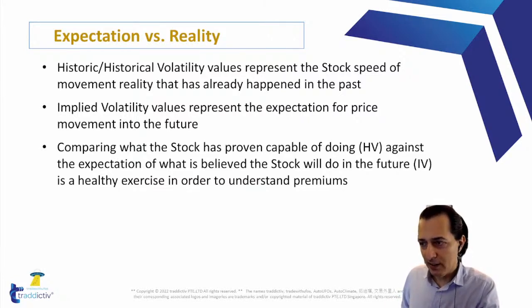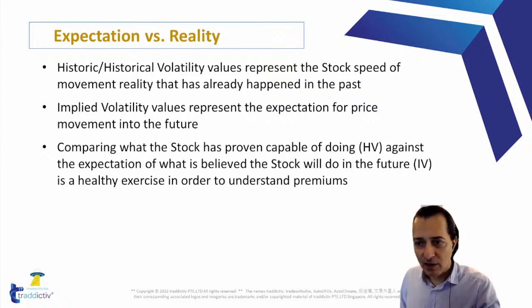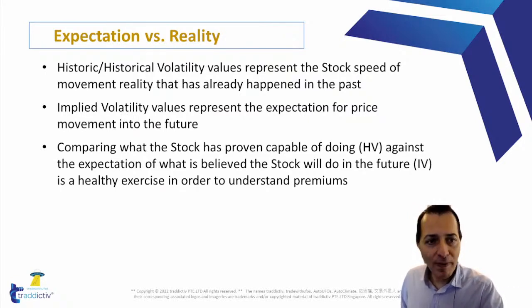Historical volatility values represent the stock's speed of movement reality. It's real because it truly happened in the past, whereas implied volatility values represent the expectation for price movement into the future. Remember, the implied volatility is extracted from today's options prices. There is no past data there.